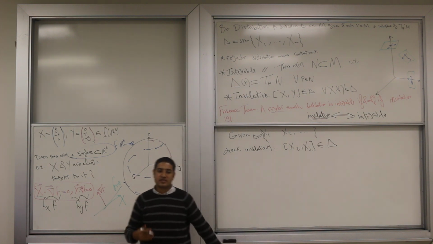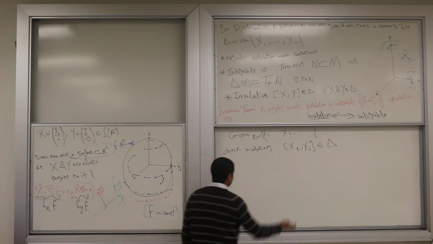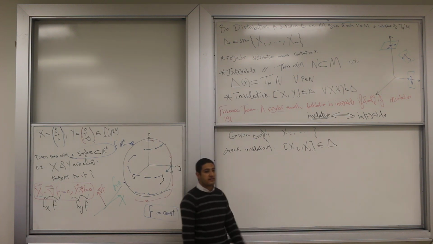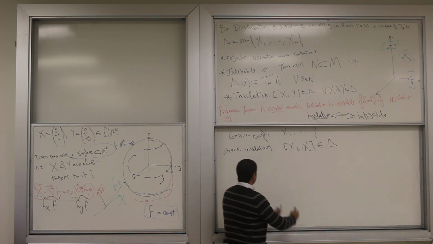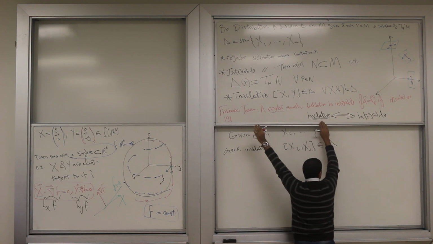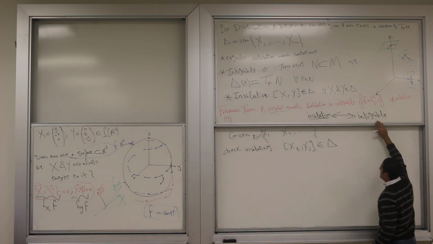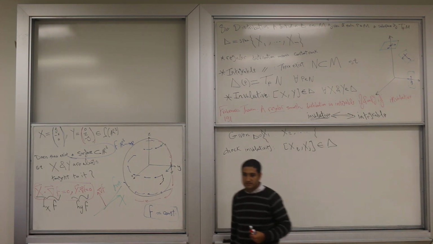The Lie bracket is a very simple computation. It's not like solving PDEs, right? So I can do that. It's extremely easy. And if it's in delta, it means that it's involutive. And if it's involutive, by the Frobenius theorem, the delta is integrable. Integrable means that there exists a surface that you can integrate.